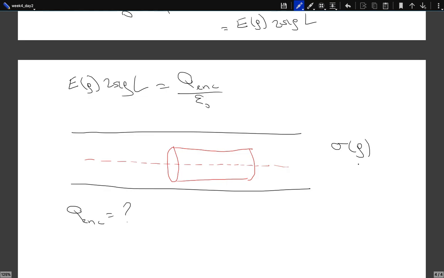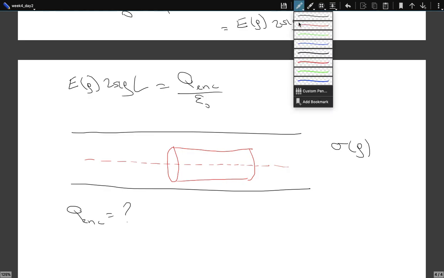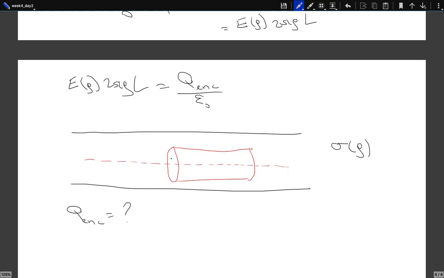You see, if I imagine such a cylinder, I imagine a cylinder inside my red cylinder. There is this blue cylinder inside. The red dashed line is on the center. On the surface of this blue cylinder, my charge density is constant.